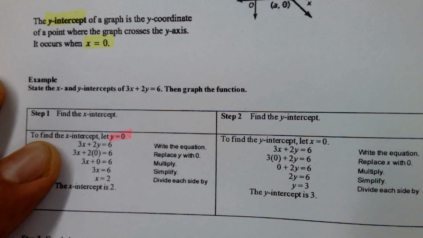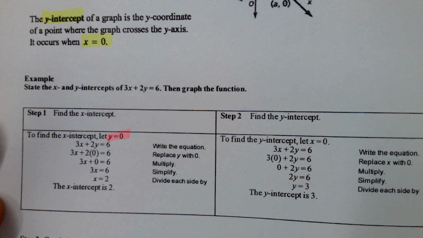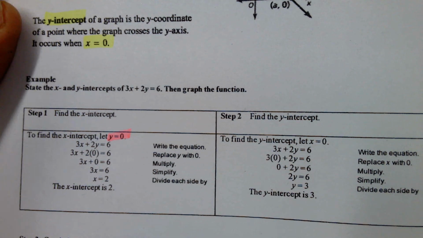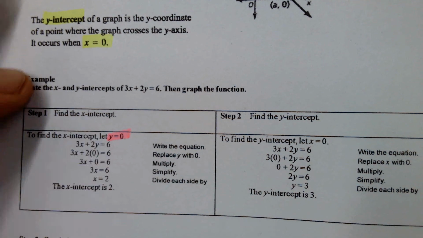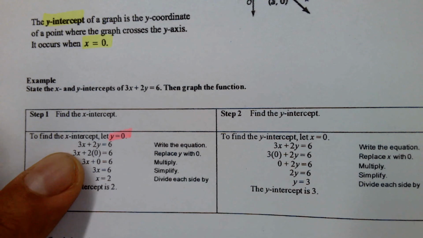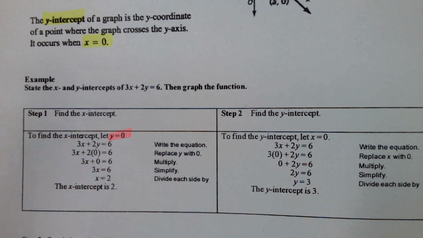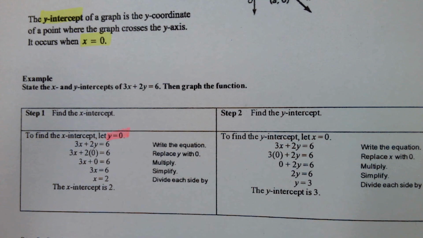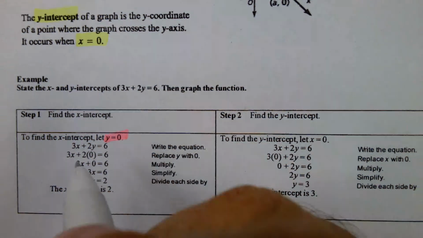So we have the function 3x plus 2y equals 6, but to find the x-intercept, we know the number that y has to be. What does y have to be? 0. Y has to be 0. So we go in, we rewrite the equation, but we replace 2 times y with 2 times 0. And the magic thing happens. What happens when I multiply with 0? Yeah, you get a 0, right?